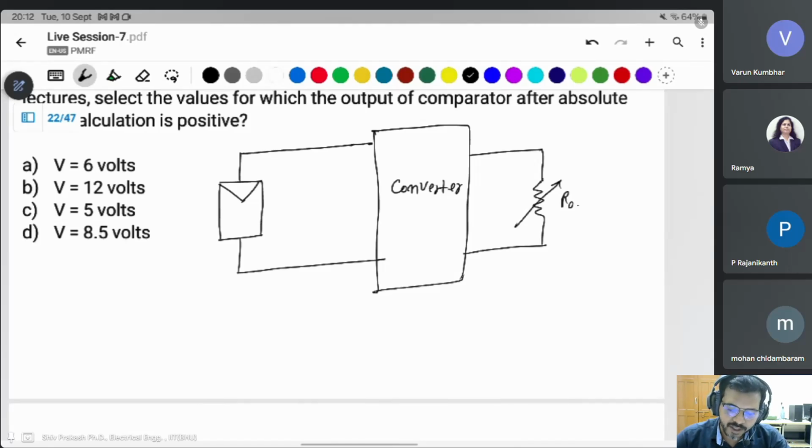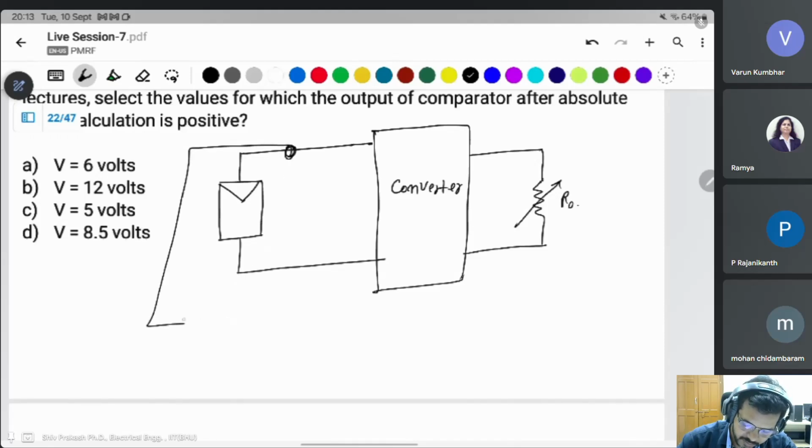In the power slope method you need both current and voltage, then you take the power multiplication of both. Then how do you sense the voltage and current? For current sensing, simple, we use a current sensor here and take the current IT.